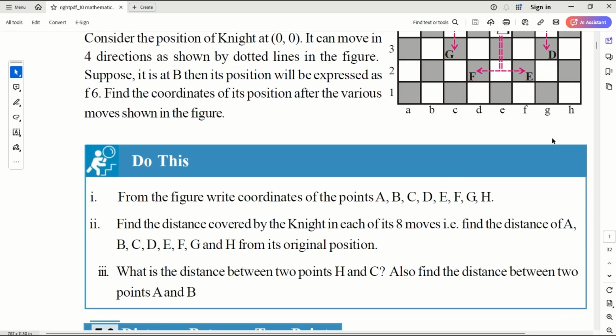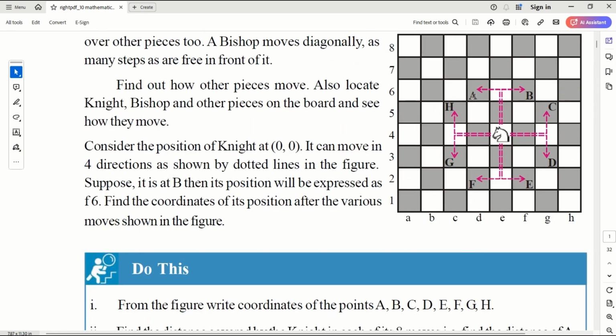Now if we go back here, from the origin, what is the distance of A? How do you calculate it? It is 2 units of height, then 1 unit to the left side, right?